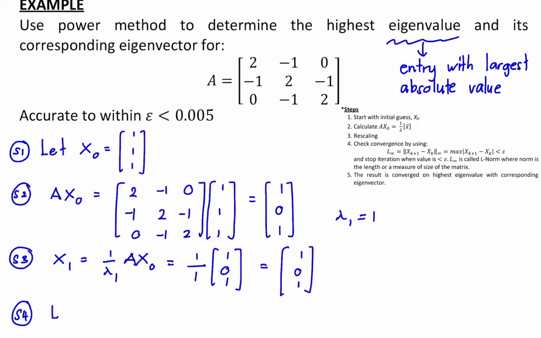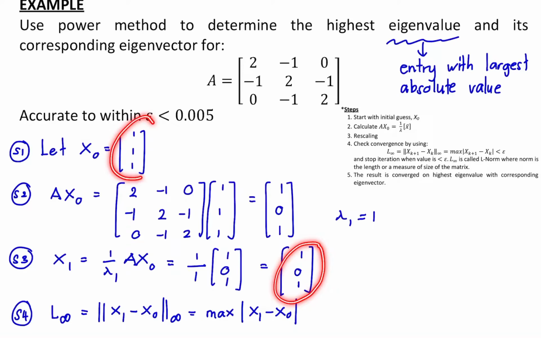Step 4. The formula for step 4 is L infinity of x1 take away x0, which is the maximum value of x1 take away x0. What you do here is take away the respective entries. This is my x1, that is my x0.